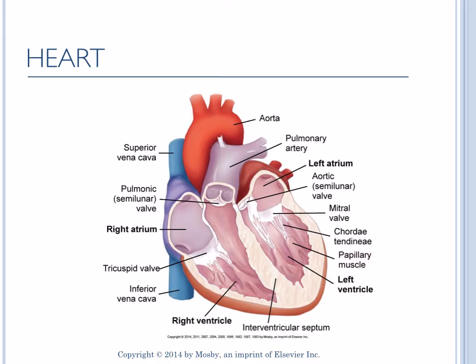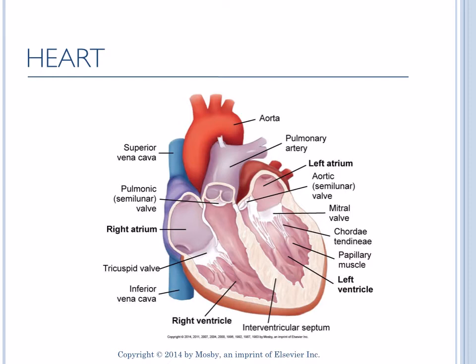Now, blood flows from the right atrium to the right ventricle and out to the lungs through the pulmonary artery. I received everybody's diagram of blood flow through the heart, so I know we all are good on this topic, how the blood flows through the heart.